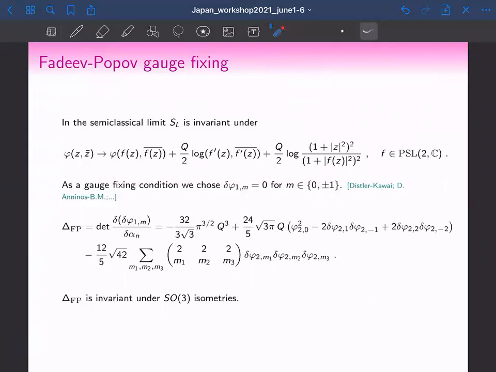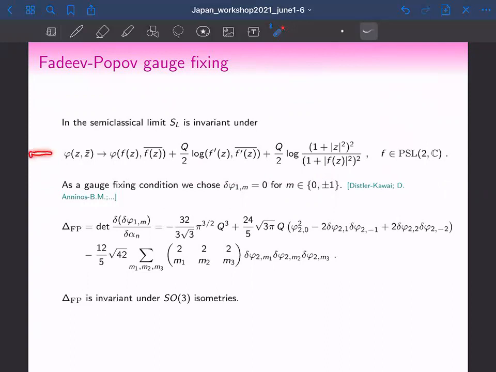Now, what are we going to do? So it essentially turns out that the Liouville action itself is invariant under PSL2C. And this is very important because first of all, this also tells us that we're not just dividing by PSL2C, but we have upstairs and downstairs the volume of PSL2C. And so basically the whole thing makes sense.